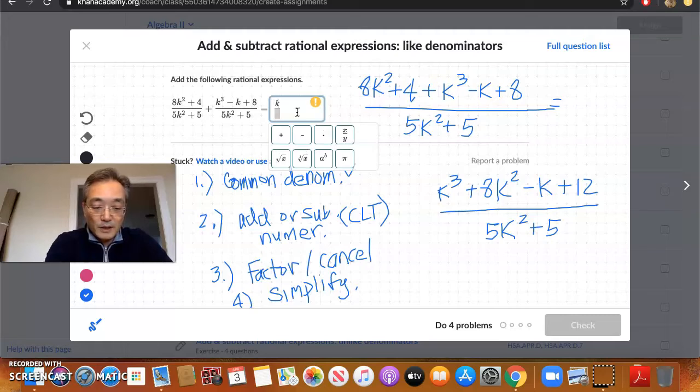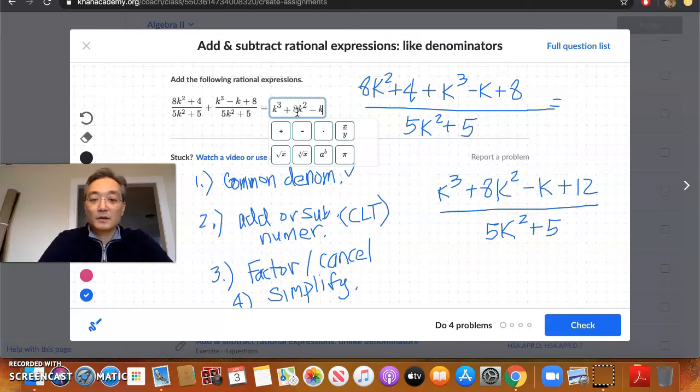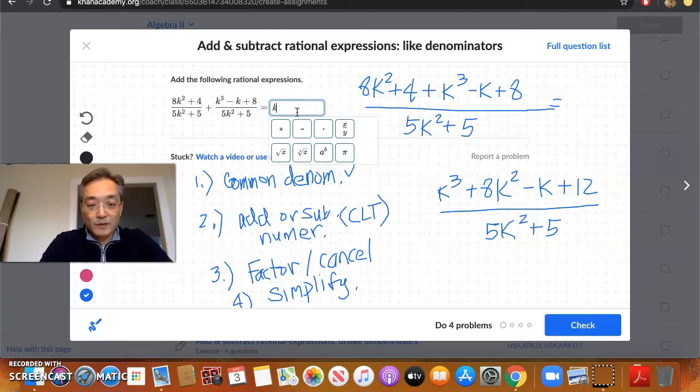So it's going to be k cubed plus 8k squared minus k plus 12, over, yeah, it's going to present a problem. Okay, so let's just redo that all over again.